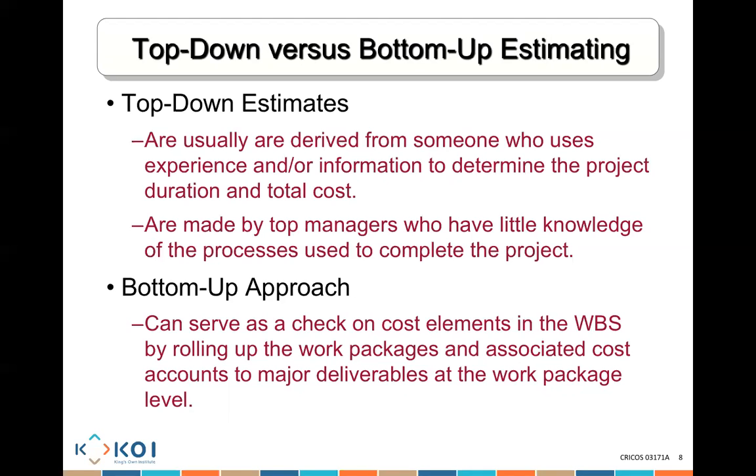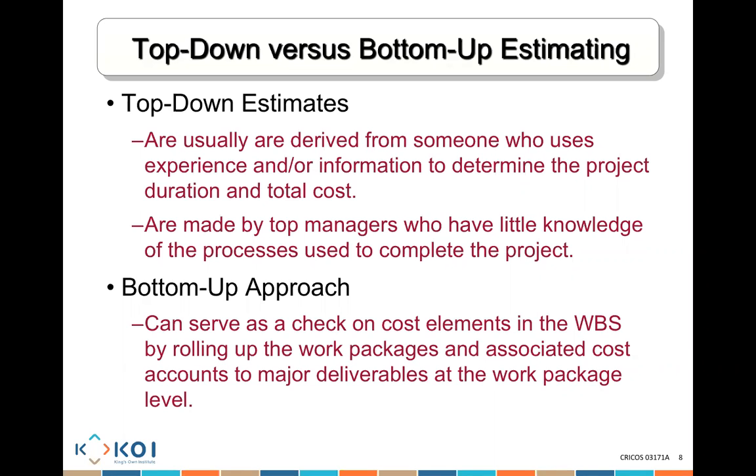There's another type of estimate called a bottom-up estimate. It can serve as a check on cost elements in the work breakdown structure by rolling up the work packages and associated cost accounts to major deliverables at the work package level. So you go all the way down to every single work package. What is a work package? It's a package that you will assign. In simple words, it is a task that you are going to assign a person to get the job done on a project, and it is going to consume time.